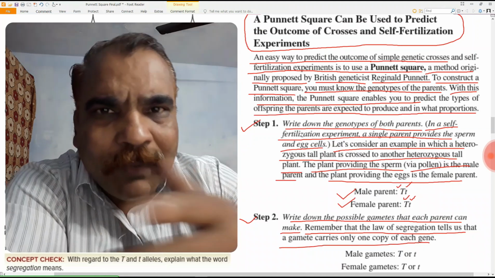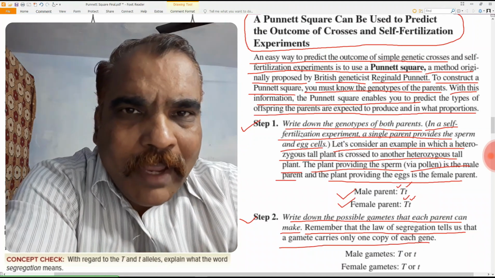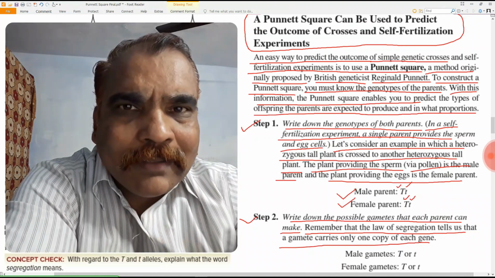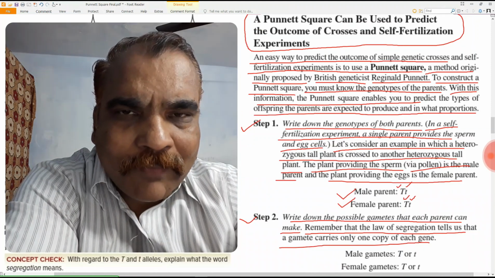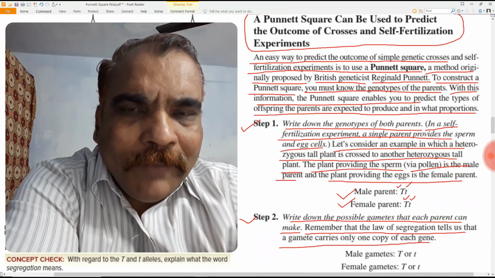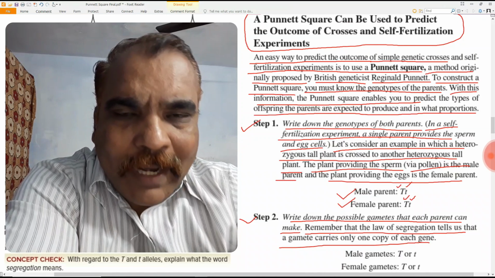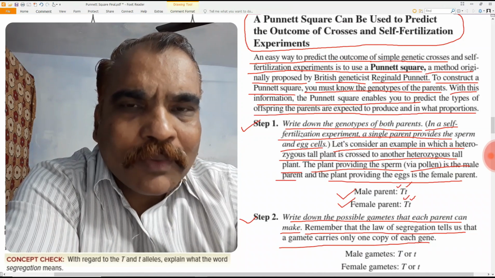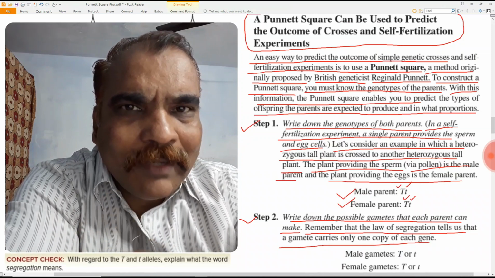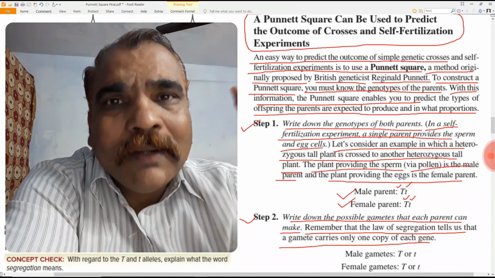In our previous two lectures we have discussed this law of segregation, and it tells us that when the gametes are formed, the alleles separate at the time of gamete formation. So each gamete receives only one allele, one copy of a particular gene.